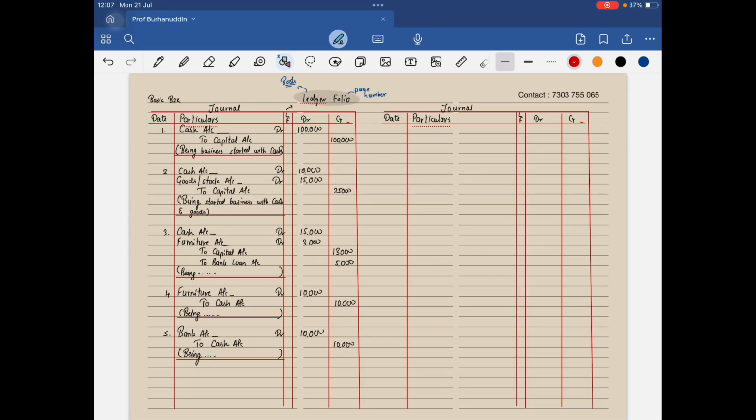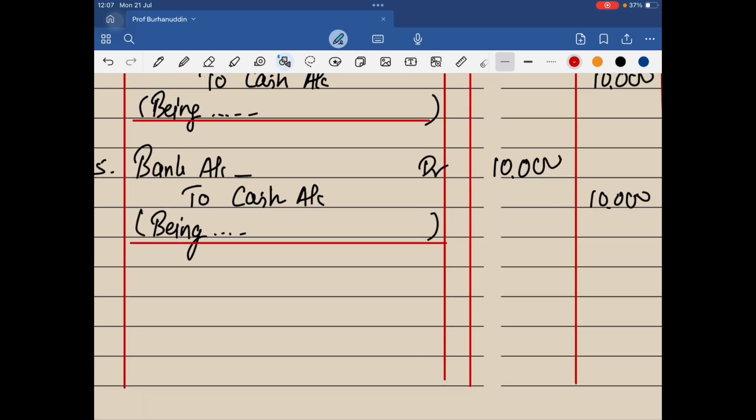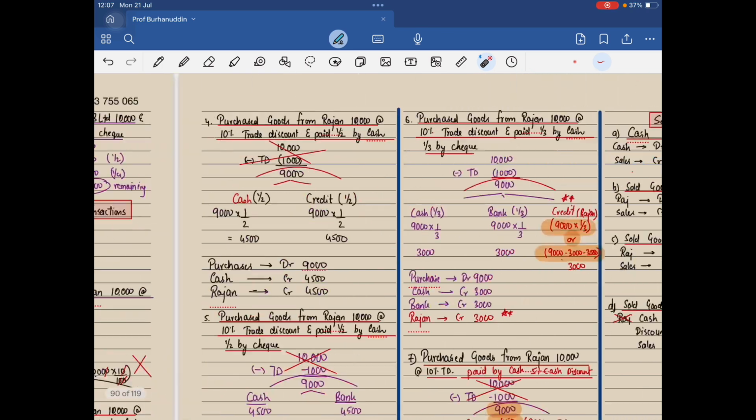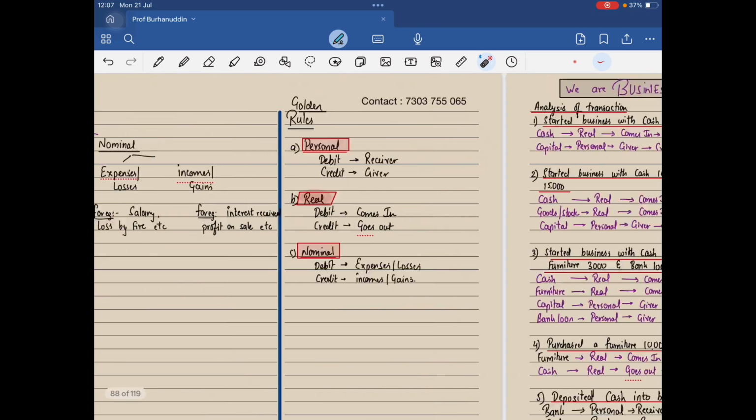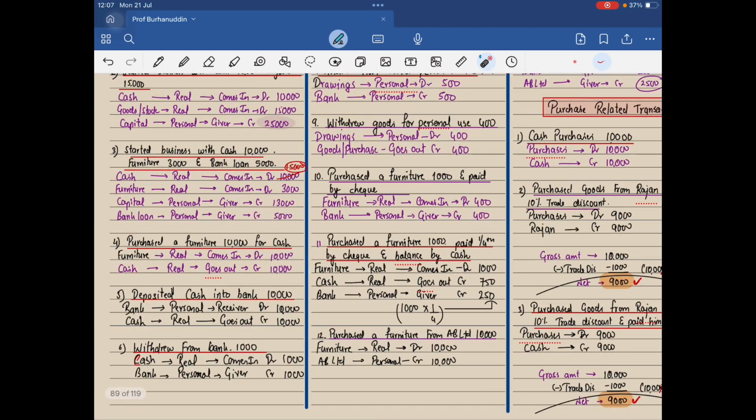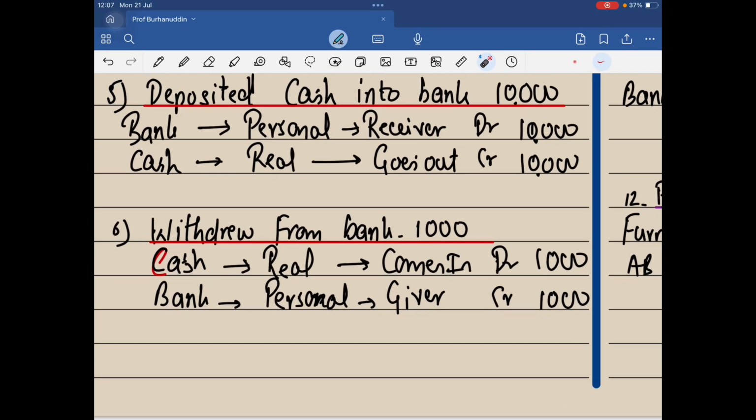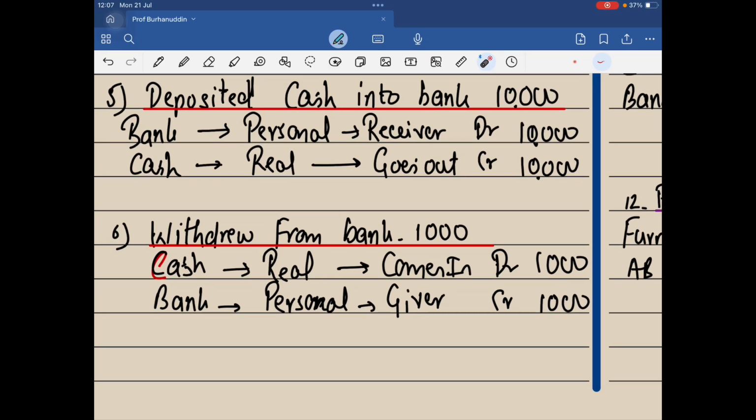Now the next transaction, in fact. Prakash, I do not have enough space, but the questions are still there. The transaction is still there. I think one more transaction we can fit in. Yes, we can fit in. Here, withdrew from bank 1,000 rupees, cash account being debited and bank account being credited.